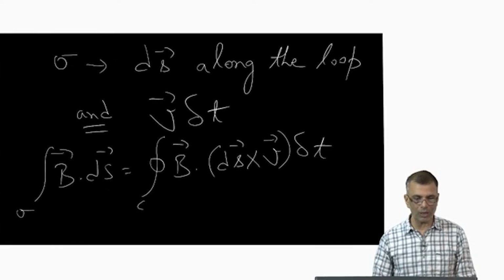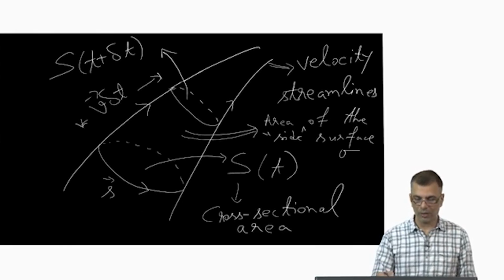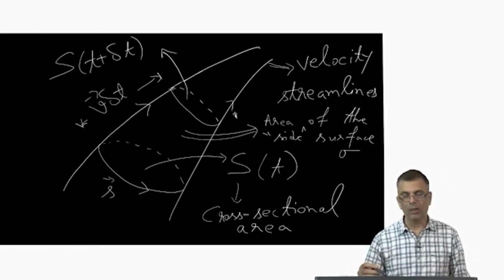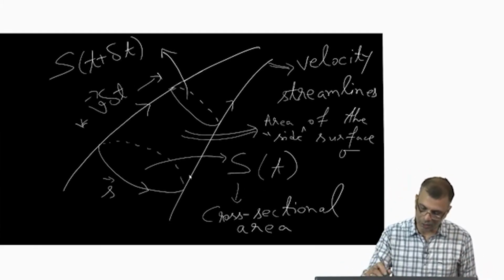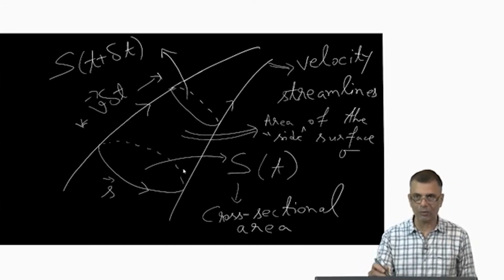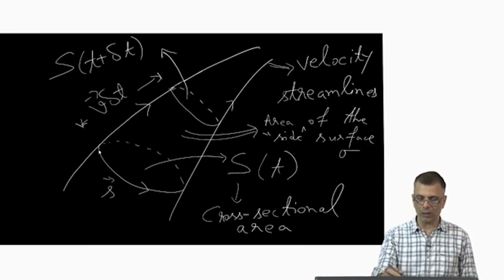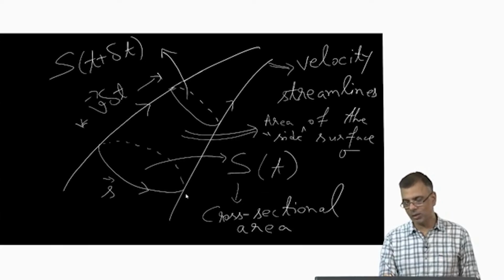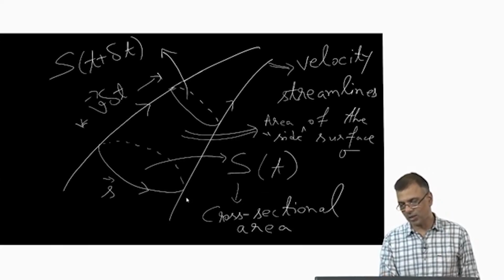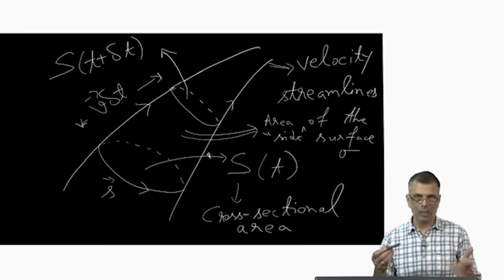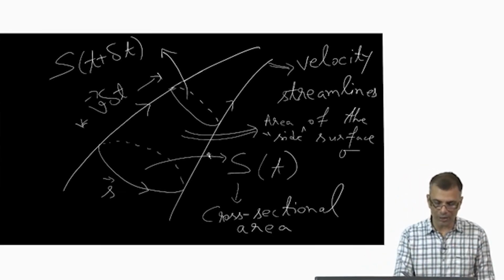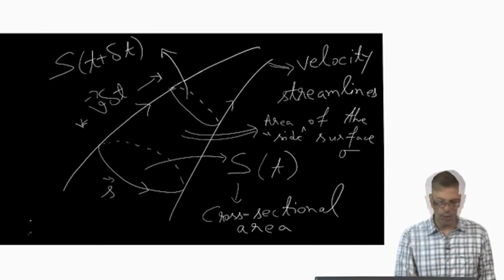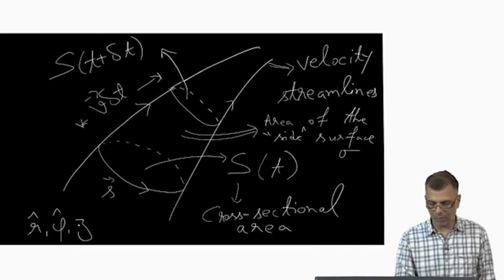Essentially what I am saying is it is a ds cross v. The reason I'm writing this cross is because the v is along this direction and the ds is along this direction. So what would be the cross product of an azimuthal times a z-directed field in cylindrical coordinates? It would be a radial, right? In cylindrical coordinates you have the radial, the azimuthal, and the z-directed.